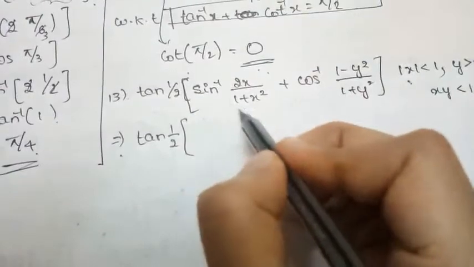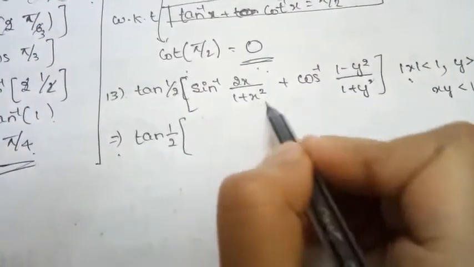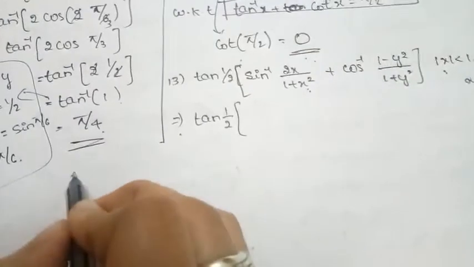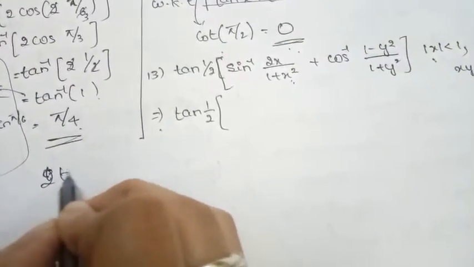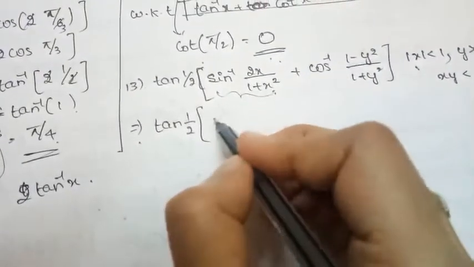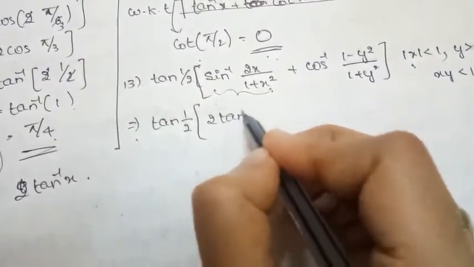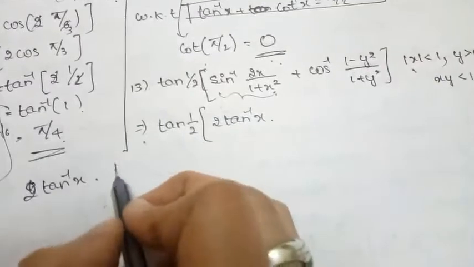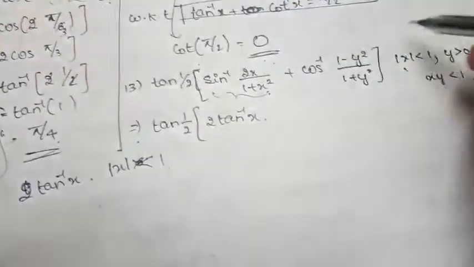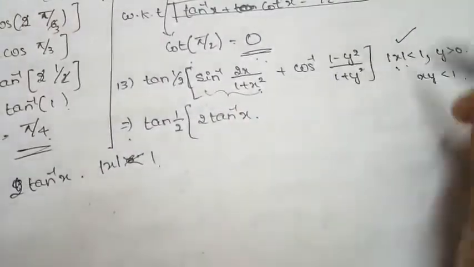Clearly, sin inverse of 2x divided by 1 plus x square, for this one we have the formula, that is nothing but 2 tan inverse of x, only when mod x is less than 1. So they have the condition that mod x is less than 1.